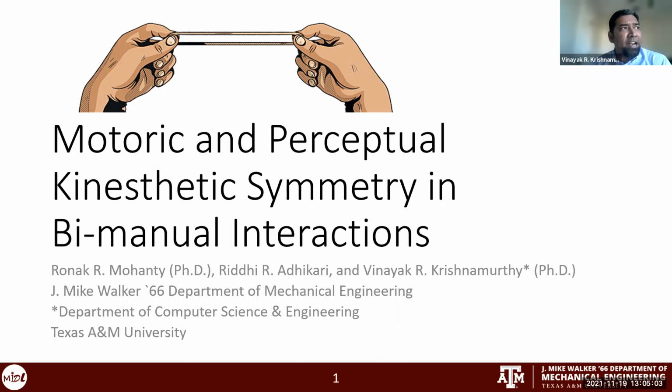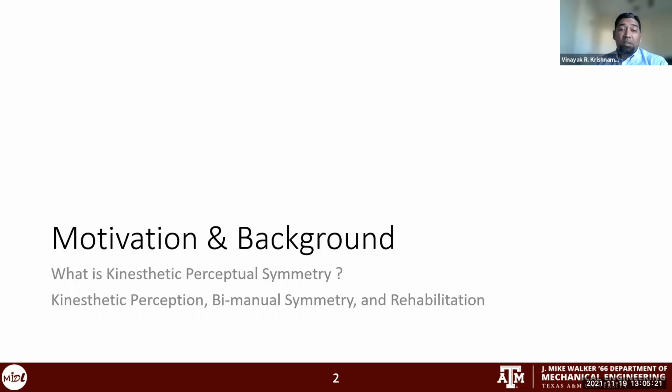It was kind of an awkward question. We started thinking about it, and after a while, we found out that this is indeed an important question to answer from the point of view of motoric and perceptual symmetry. It appears that there is actually a nice background to this idea of kinesthetic perceptual symmetry that I'm going to start with in this presentation.